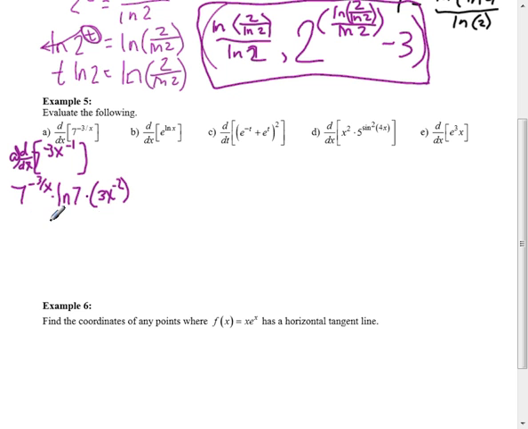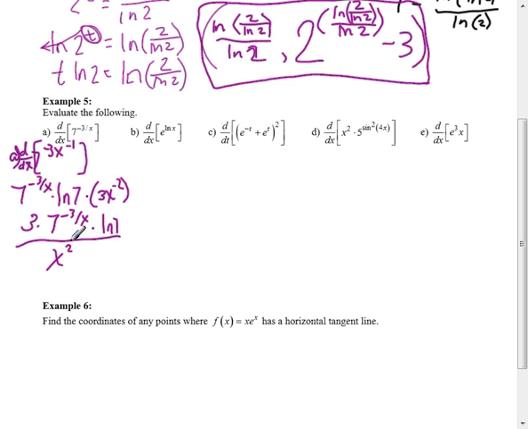And I could rewrite this if I wanted. I could multiply 3 up on the top: 7 to the negative 3 over x times ln of 7, and I could put the x squared in the denominator. Alright.